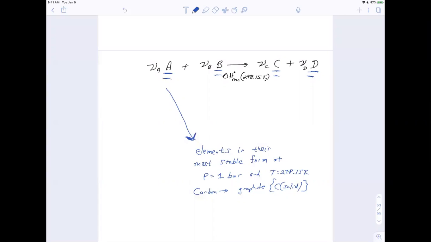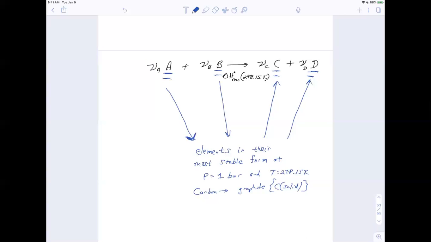We'll do the same with B. Okay, now we've decomposed A and B. Now we're going to use those basic building blocks, those elemental forms, to construct C and D. So now the arrows will go from here back up and here back up. So that's the alternate route that we're going to use to compute the delta H for this reaction as we initially posed it, via this other path through the most stable elemental forms.